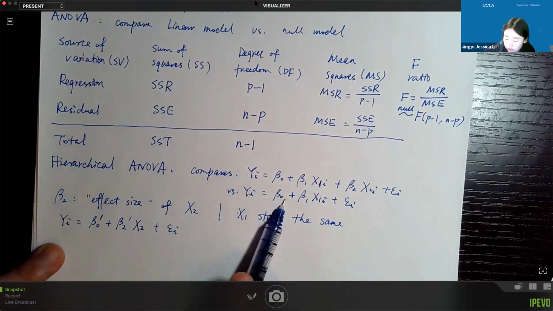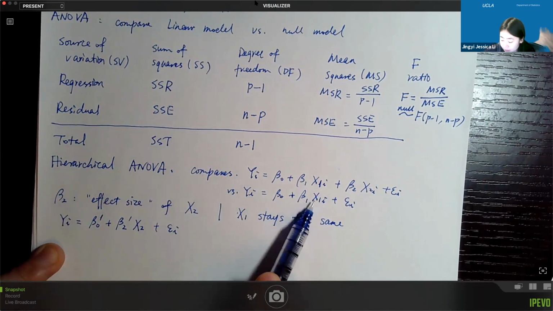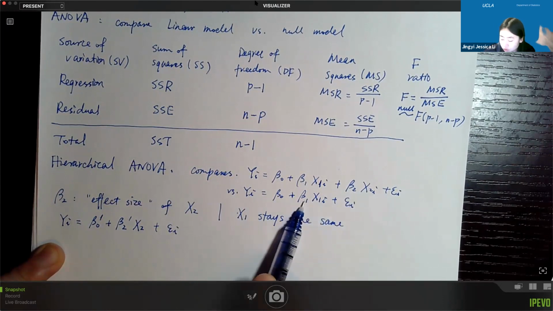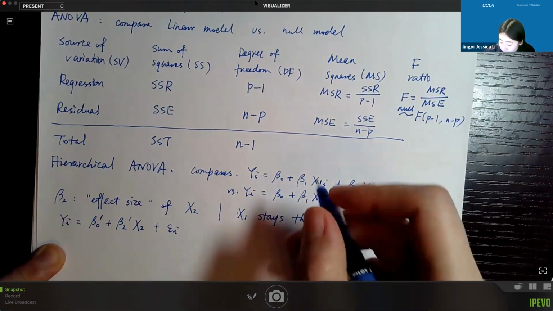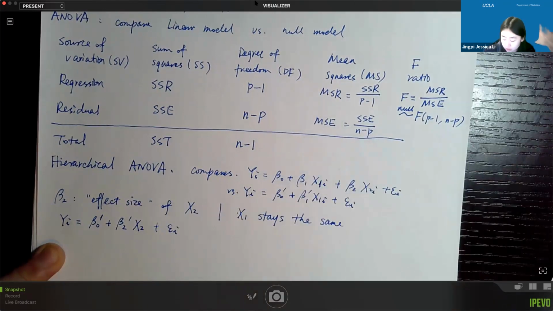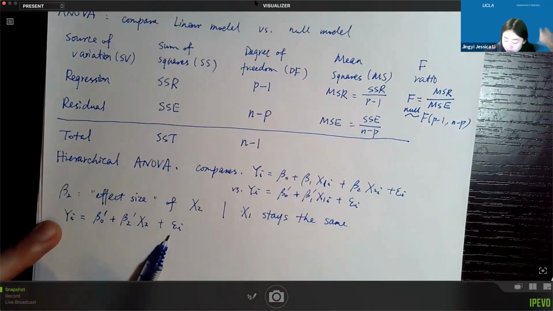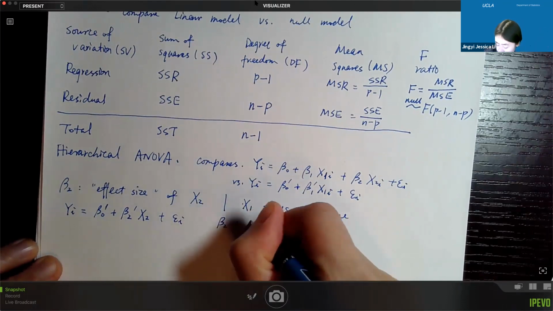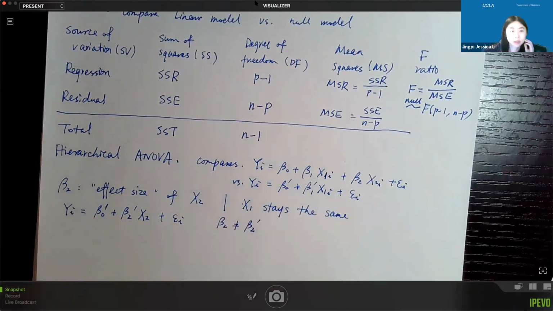Here I use the same notation, but I want you to be aware that they're not actually the same thing, because when I exclude x2i from my model, this beta 1 does not mean the same thing as the beta 1 here. So I want you to be aware that beta 2 is not equal to beta 2 prime. They do not mean the same thing. Without x1 in the model, the effect size would change.